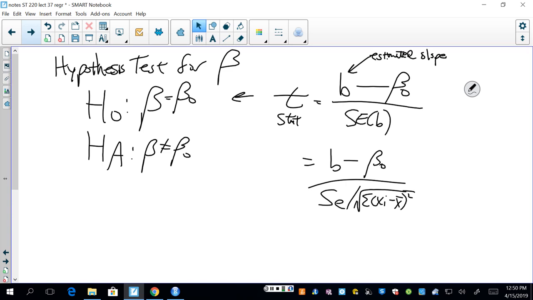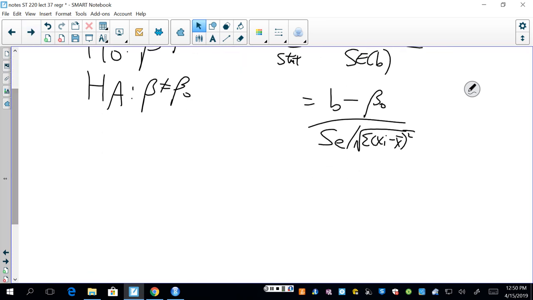Very often, beta 0 is set to 0. Because if beta 0 equals 0, beta equals 0. What does that say about our model? No correlation. Y is not changing on average with X, it would just say that Y sub i is alpha plus some error.